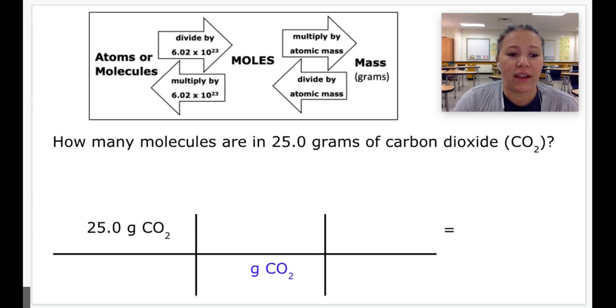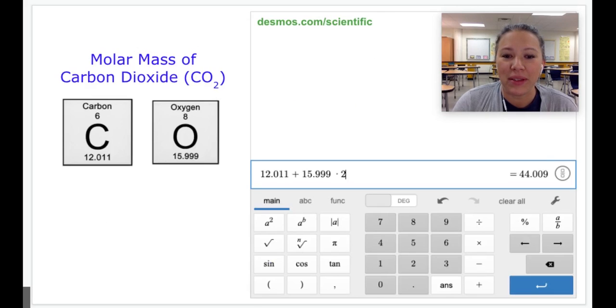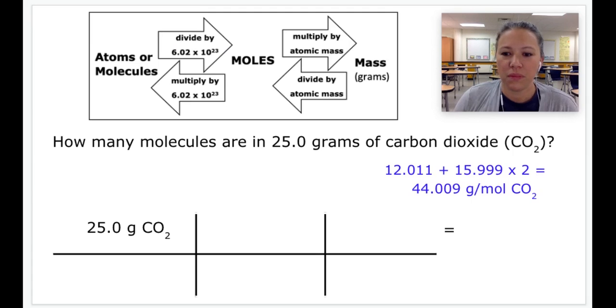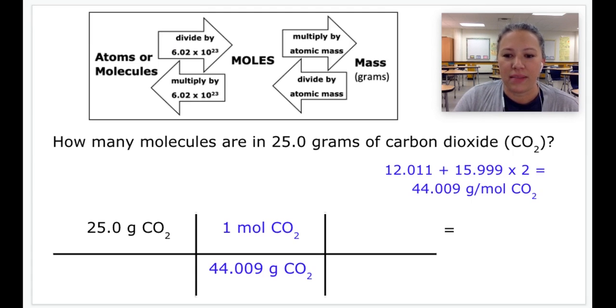So since I am dividing by the atomic mass or the molar mass, I need to find out the mass of this compound, carbon plus oxygen times 2. When I put those in my calculator, I got 44.009. So if you're using the Desmos calculator, just plug it all in one long step. Carbon plus oxygen times 2. And that's my mass. So that's going to go on the bottom there.